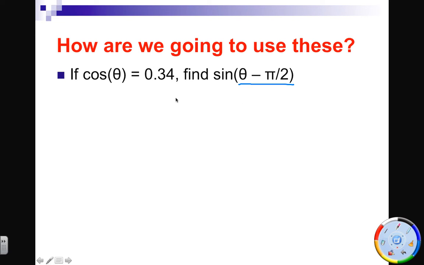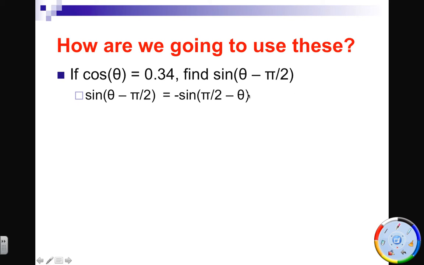And my cofunction identity says the sine of pi halves minus theta is equal to cosine of theta. Well, the thing is it's not pi halves minus theta, it's theta minus pi halves, which means I need to change this.